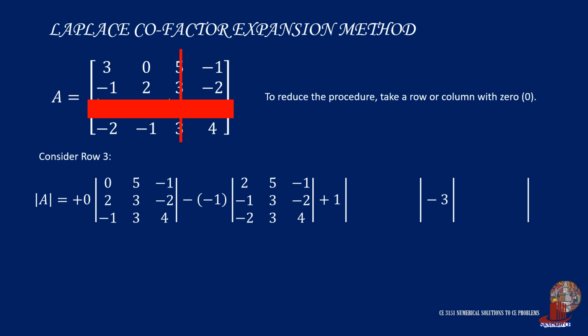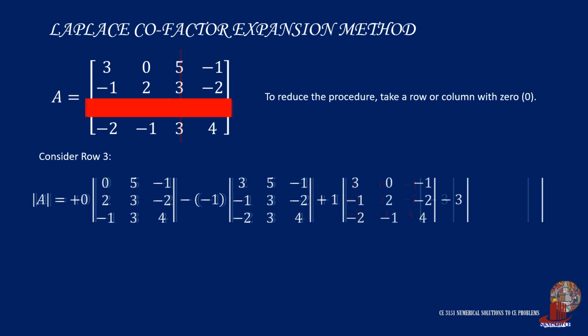With the third column covered, the minors for the third term are 3, 0, negative 1, another negative 1, 2, and negative 2, then another negative 2, negative 1, and then 4. Cover the last column and have the remaining elements as minors for the fourth term.